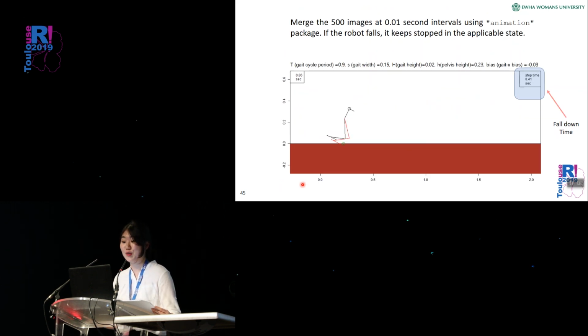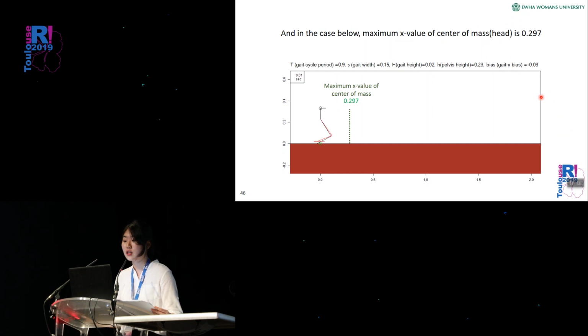Merge 500 images at 0.01 second intervals using an animation package. If the robot falls, it stays stopped in the applicable state. And in the case below, the maximum x value of the center of mass is 0.297. As such, the physical simulation algorithm is constructed.